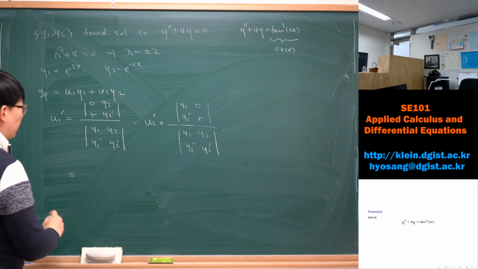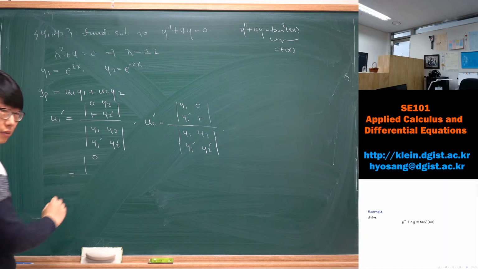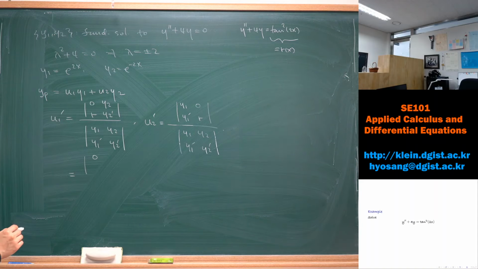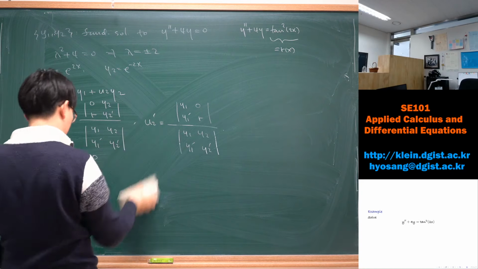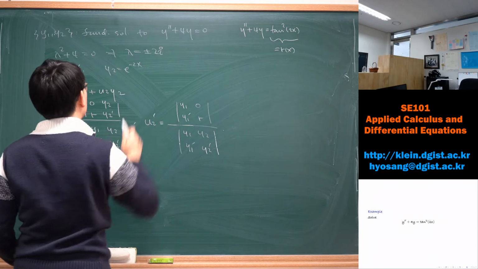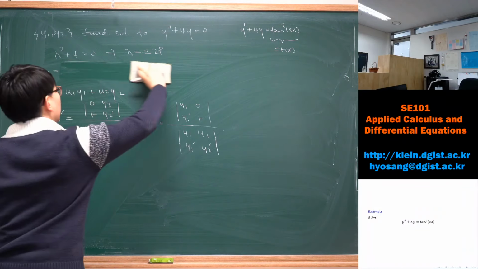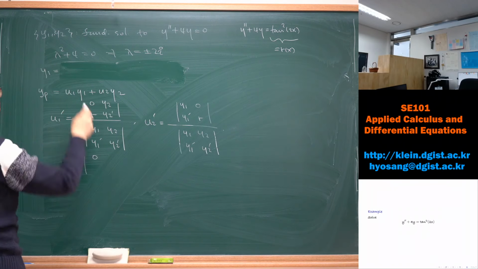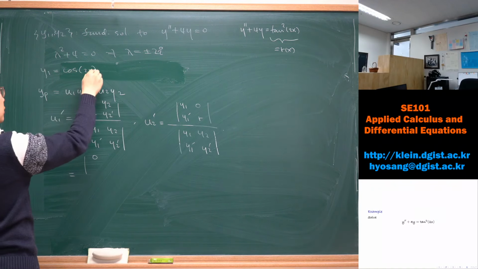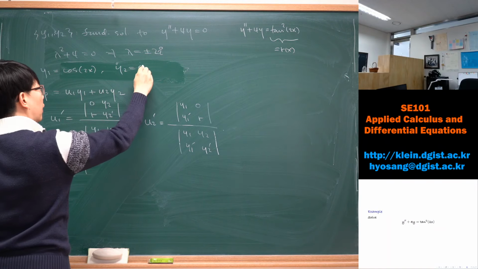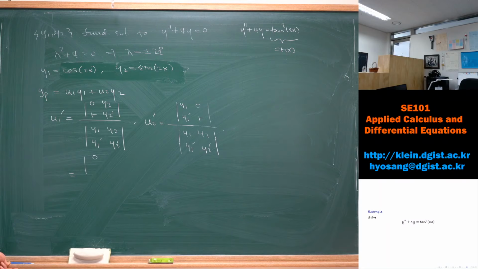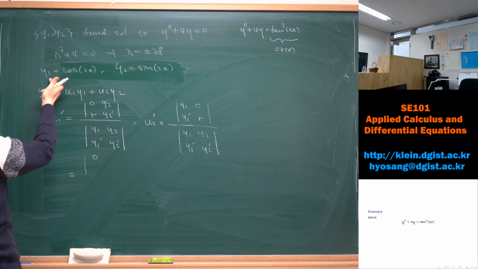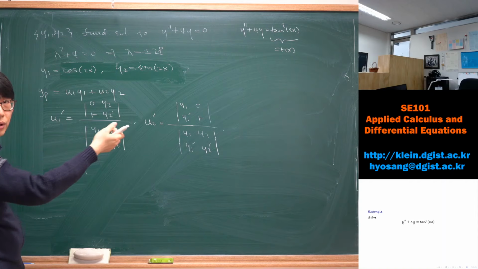So let's compute this. Sorry, lambda is plus or minus 2i, so we have y1 as cosine 2x and y2 as sine 2x. Again, you can choose y1 as sine and y2 as cosine.